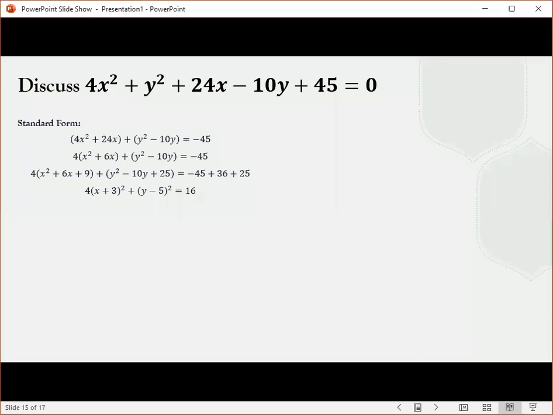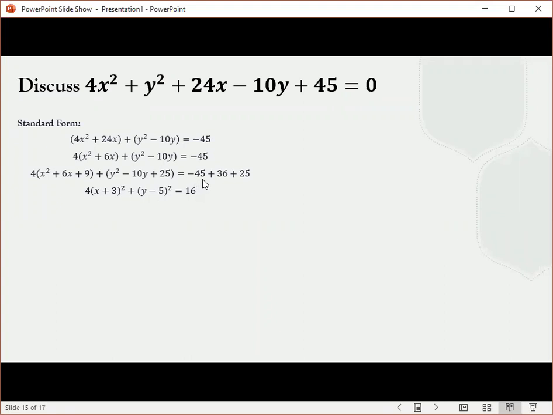Next is we factor out the trinomial. So the factor of x squared plus 6x plus 9 is the square of x plus 3. And then the factor of the trinomial y squared minus 10y plus 25 is equal to the square of y minus 5. And then we simplify the constant.